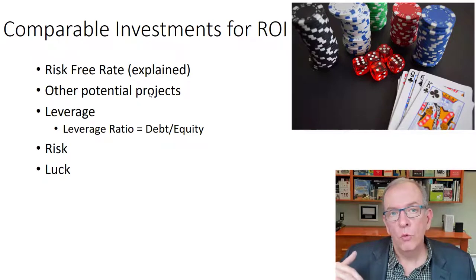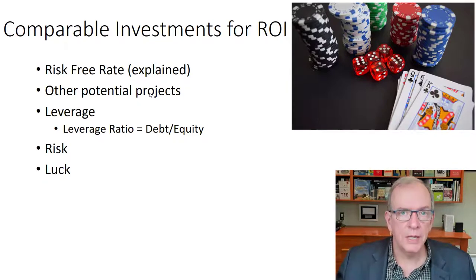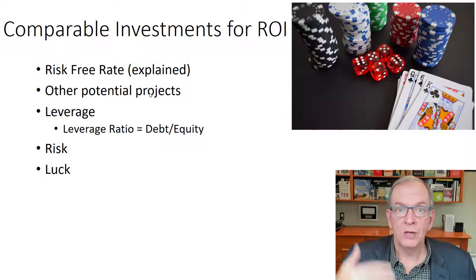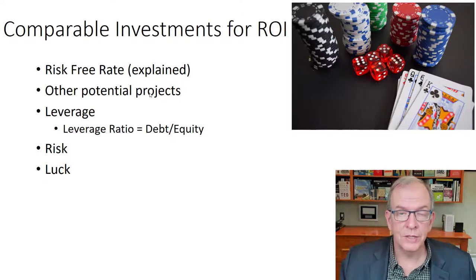Leverage is where we use other people's money to leverage that return. We can get more back if we borrow to build this development project, and it actually comes through successfully for us. It'll give us a multiple of what the rate of return would have been. So that's very thought-provoking.